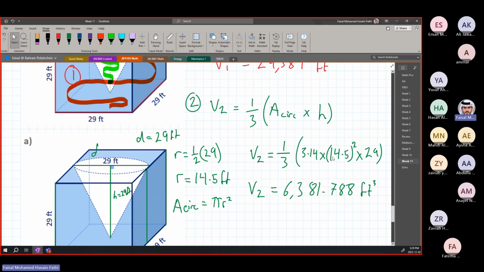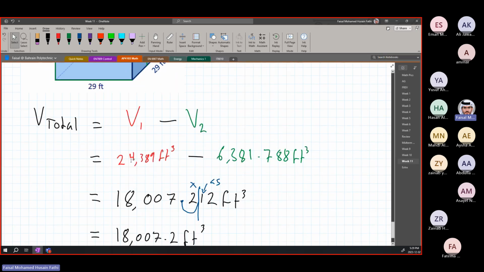I intentionally put all these additional brackets so that there isn't any calculation mistake from the calculator. So always write it in the same way to avoid those mistakes. Final answer, this is 24389 minus 6381.788. Double check. This is how it's supposed to be.